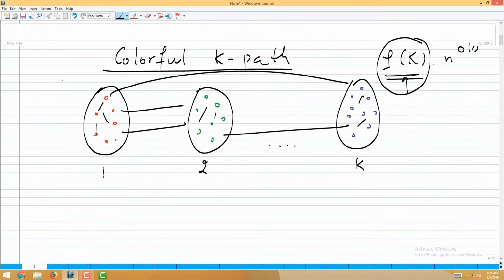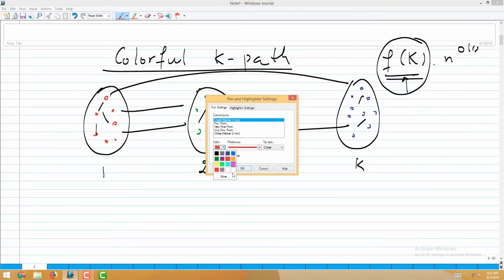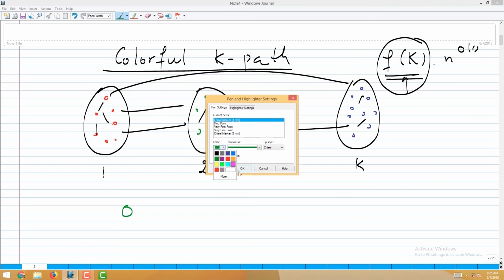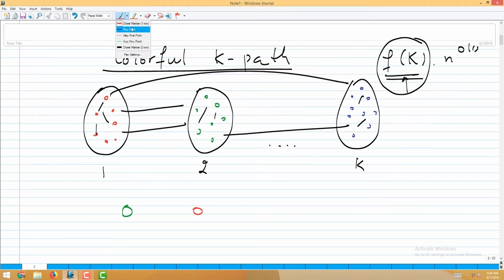So once you have guessed an ordering, suppose I guess that the path that I'm looking for will have its first vertex be a green vertex in that path. Suppose I guess that, and let's say I guess that the second vertex will be red in that path, and the third vertex will be blue in that path.